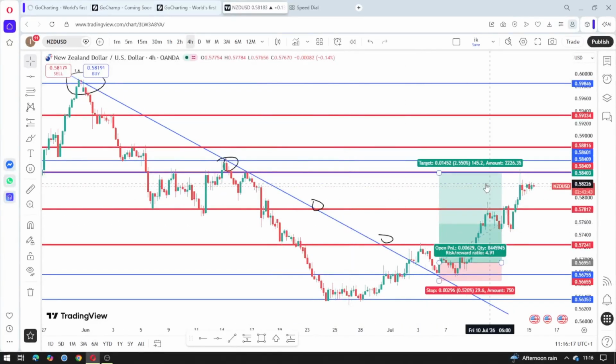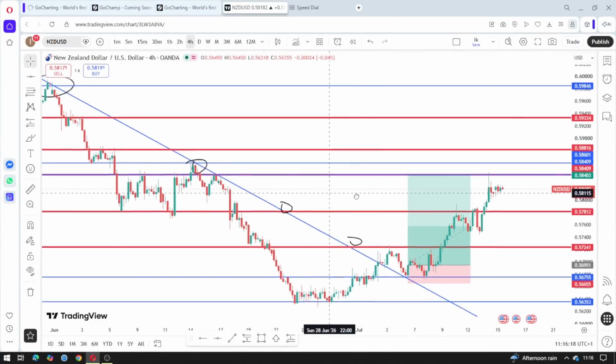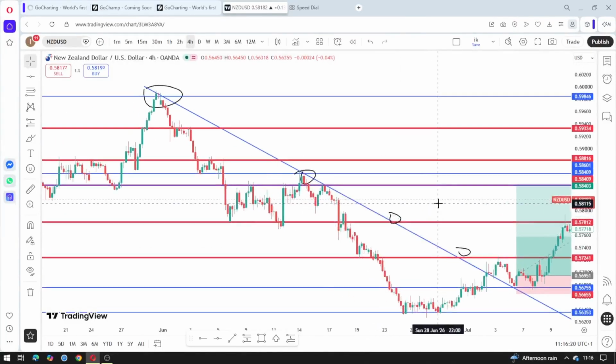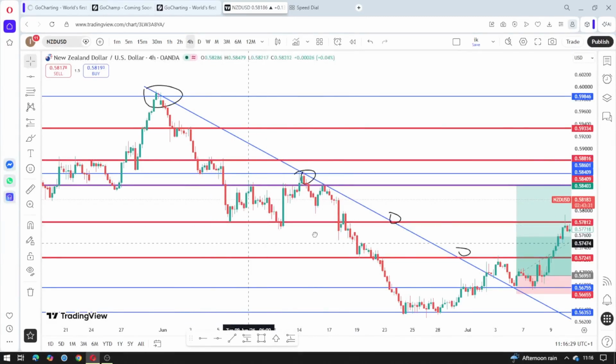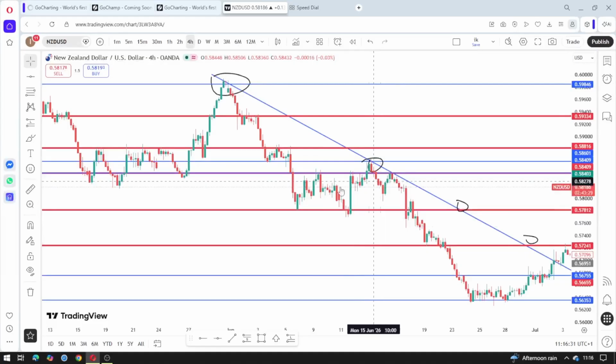So now after here, the next point you'll be looking at will be this point. Why? Okay, let me come to this point. You see this area of consolidation here, this zone of consolidation, you can see it was giving you a flip zone, previous support, and here it is functioning as resistance. Are you seeing it?